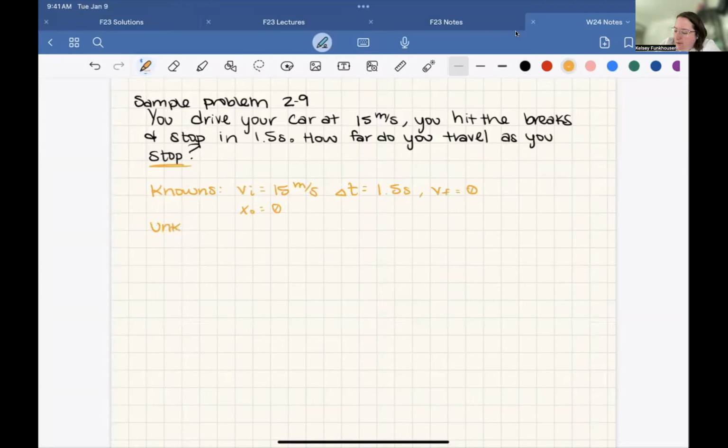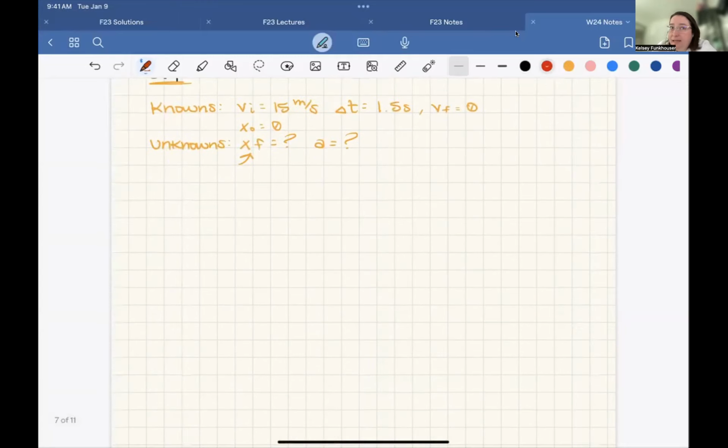So then we should write our unknowns. We don't know the final position, and we don't know the acceleration. And what we want is the final position. So let's take a look at those kinematics equations. I'm going to drop the x subscript for now, because we're just going to be working in the x direction right now.